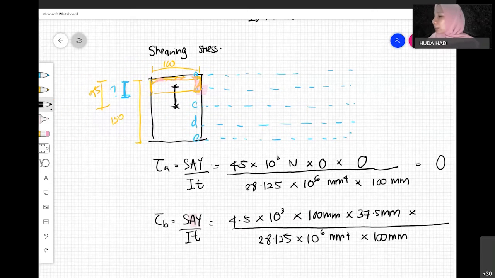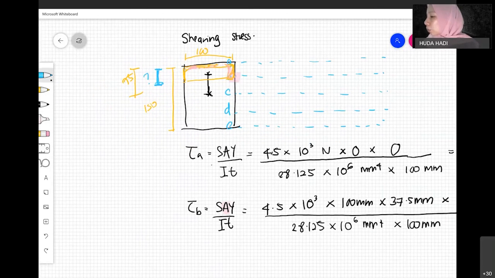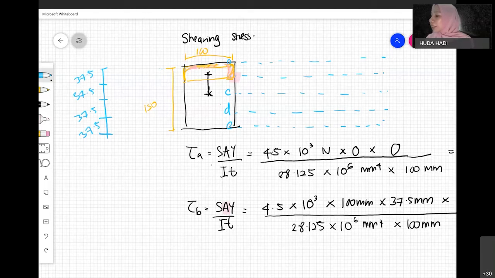Okay, senang I buat macam ni lah, bagi you senang faham. Daripada atas sampai sini, 150 you bagi 4, sebab you ada 1, 2, 3, 4: A ke B, B ke C, C ke D, D ke E. Ini each is 37.5. So you tahu B ke C is 37.5.